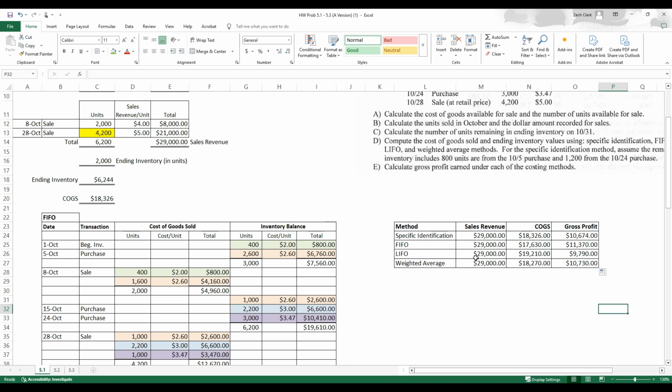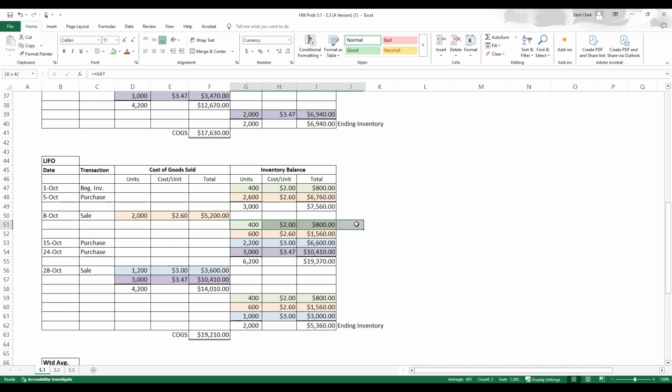These are different methodologies, but the sales are still the same. It's not like the cash that we earned is different under any one of these. It's really just about how we're recognizing the expense associated with those sales. It's a timing difference. If the business were to be shut down at the end of this month, for example, eventually as this product was all sold off, it would just be a timing difference, because we would eventually be getting back into these earlier layers.